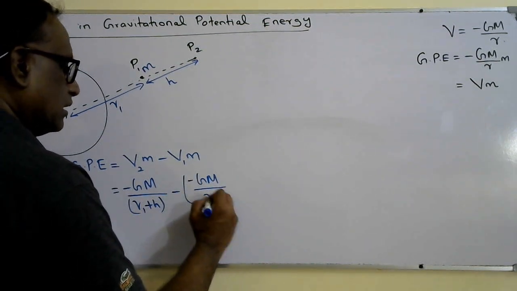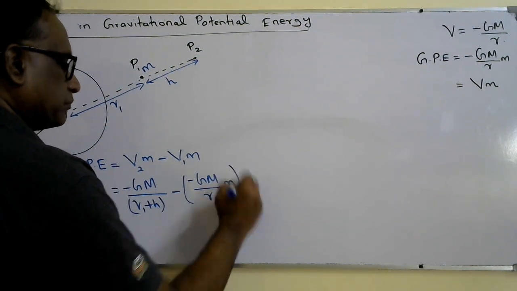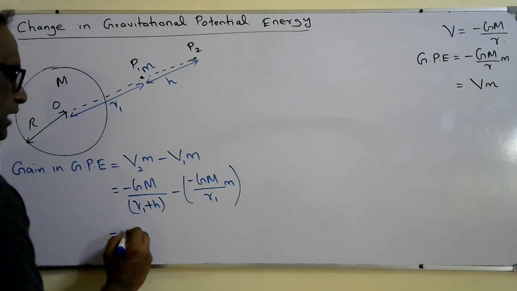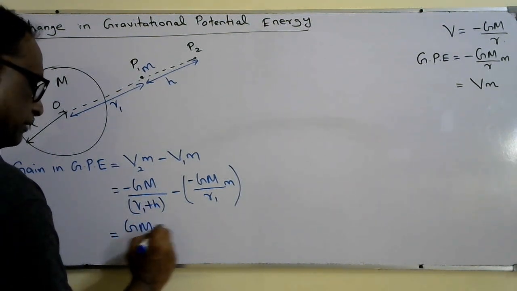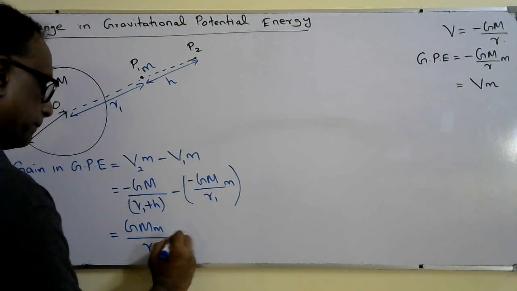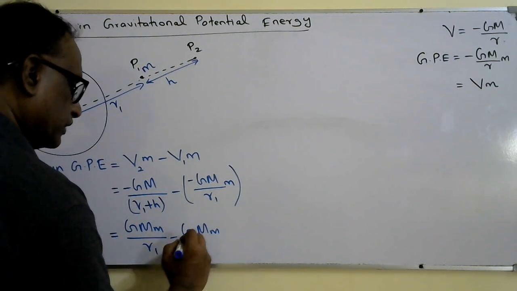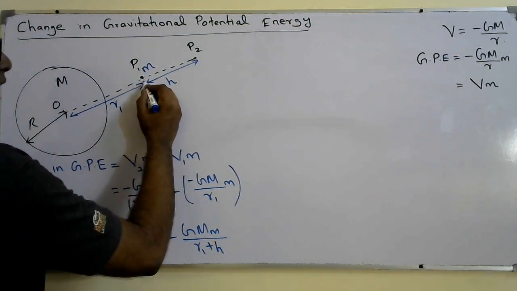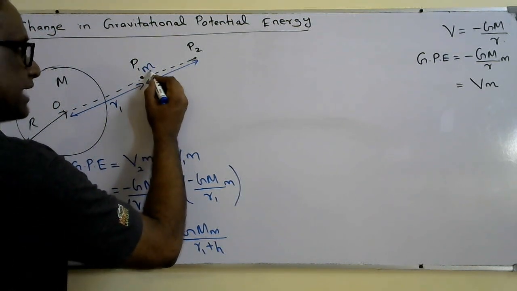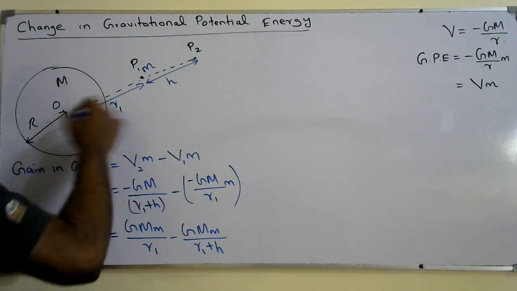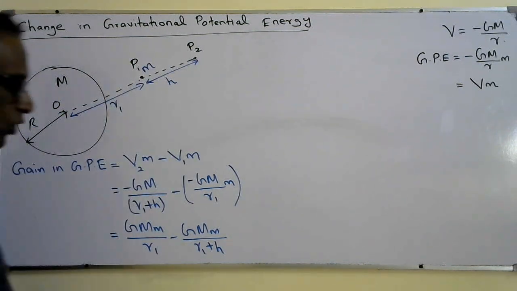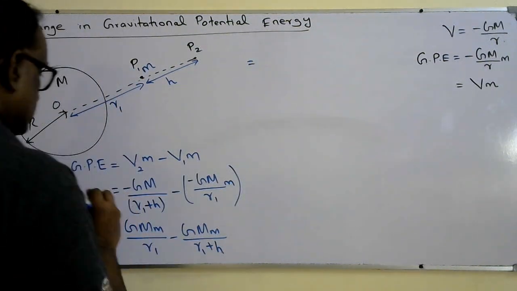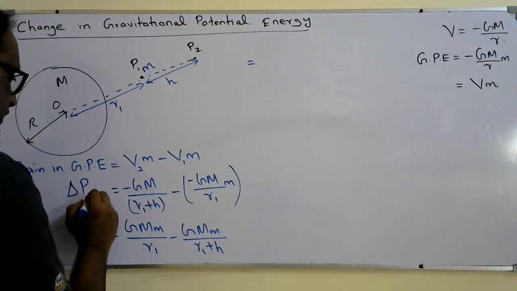Okay, so solve it, minus into minus is plus, so it's going to be GMm over R1 minus GMm over R1 plus h. h is the distance or height through which the object of mass m is moved from P1 to P2, away from the planet. Okay, we'll find the gain in gravitational potential energy, delta PE.